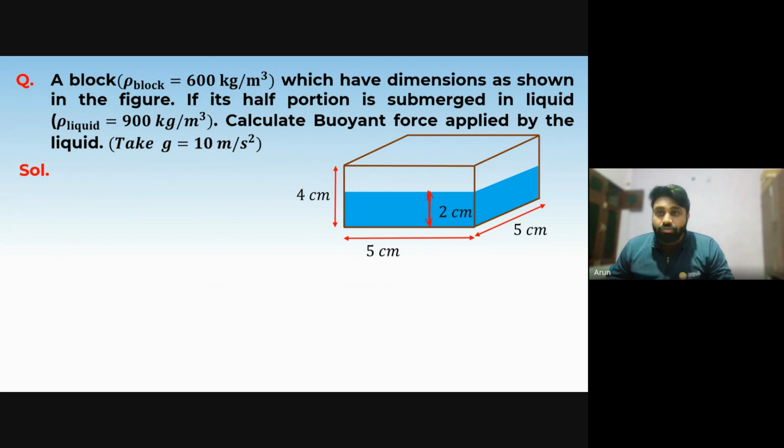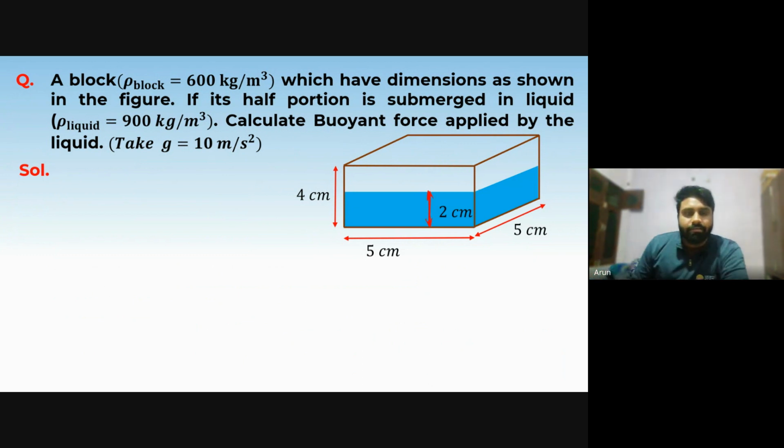No. Until and unless the body is submerged, the body makes contact with the liquid, there is no buoyant force. So for buoyant force, contact between the liquid and the particular material has to be made. Here, this object is submerged inside this liquid up to the half portion.